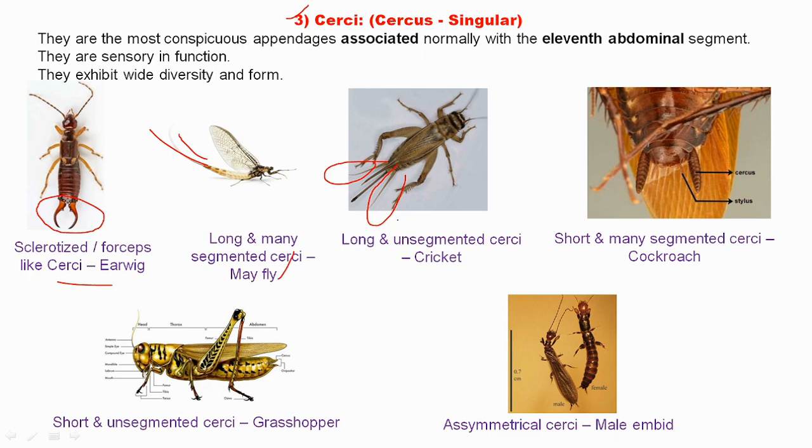Long and unsegmented cerci are there in cricket. Short and many-segmented cerci are there in cockroach. Short and unsegmented cerci are there in grasshopper, and asymmetrical cerci are there in male embiid. One cercus is longer and the other is shorter.